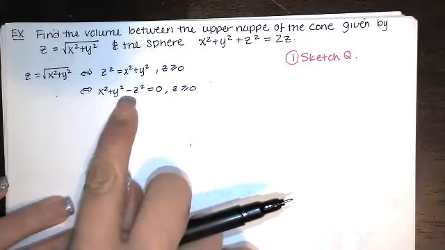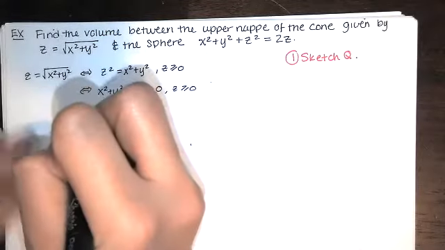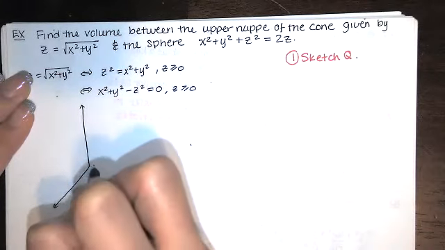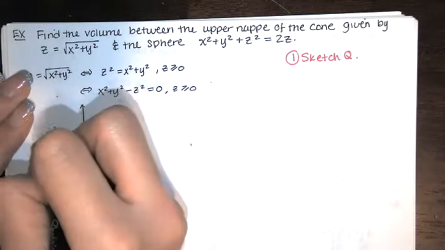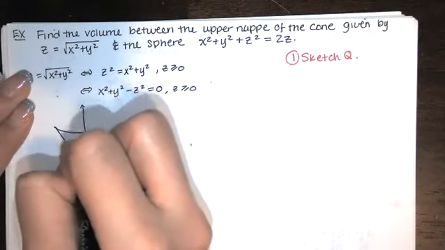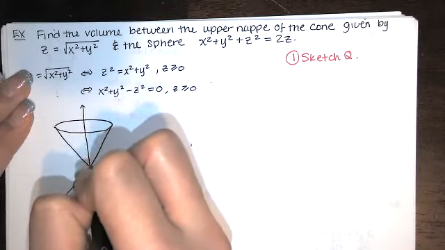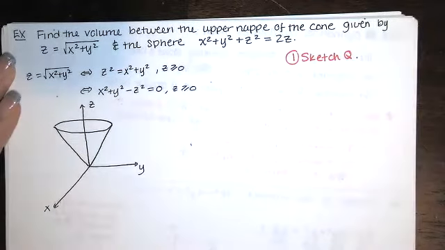The fact that that negative is on the z squared term means the cone opens on the z axis. And it's the positive part only. It's not a double napped cone this time. So we've got that right there.